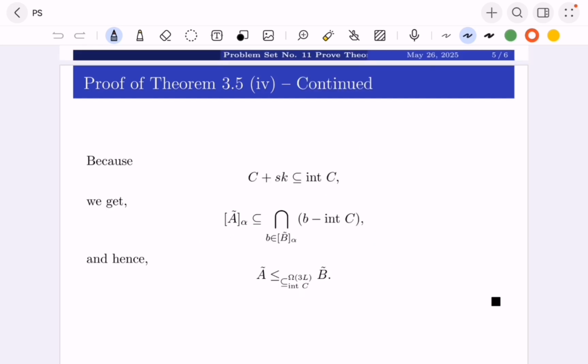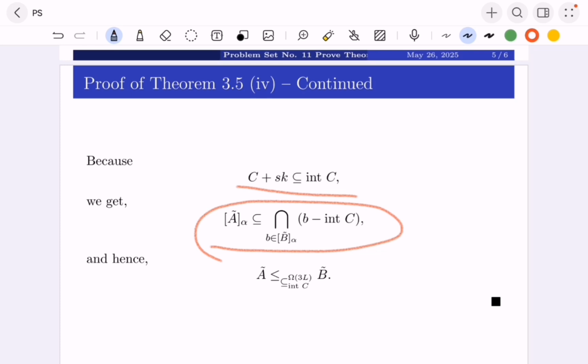Because adding SK to the cone C gives us a set that lies entirely inside the interior of C, that is this one. So this tells us that any vector in the cone, when shifted by SK, becomes strictly interior to the cone, not just on the edge. So we now substitute this into our earlier result and we get this one by substituting.